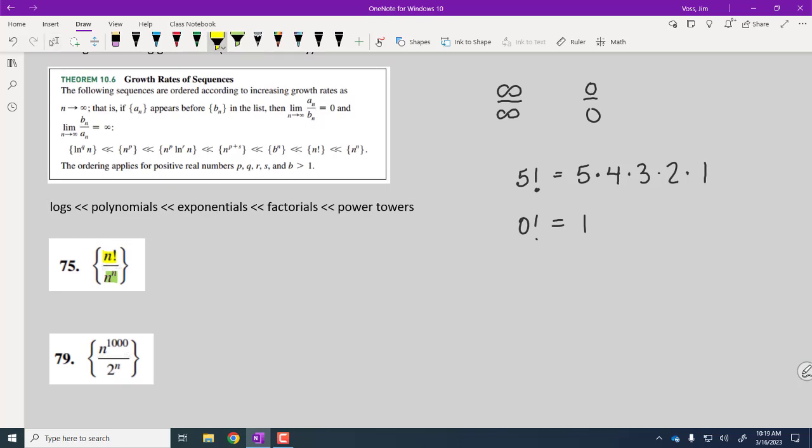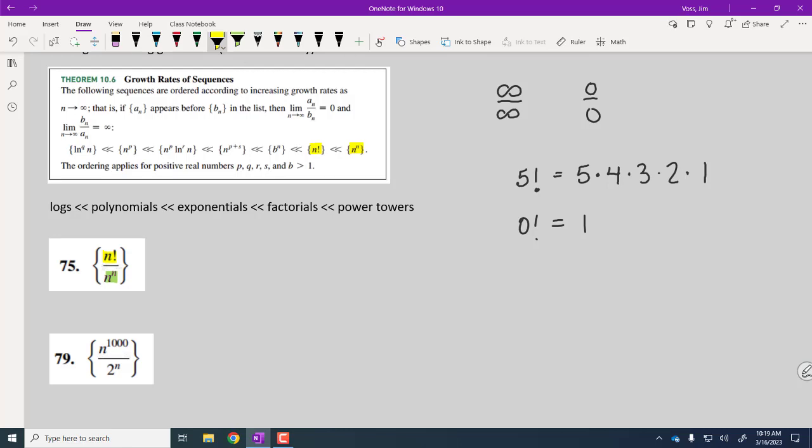So this chart tells us the speed at which a function grows as n is going to infinity. The function that we will see in this class that grows the fastest is the power tower. So the power tower is going to grow faster than any of the other functions we see. The next quickest function is the factorial function.